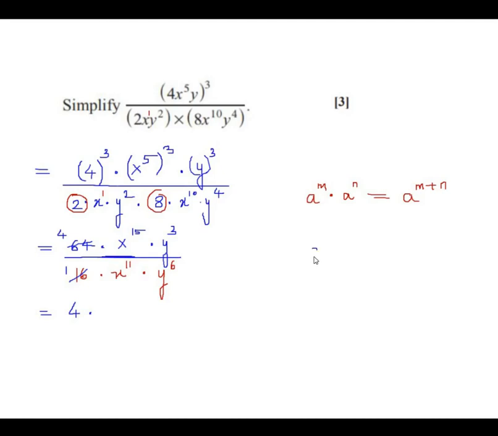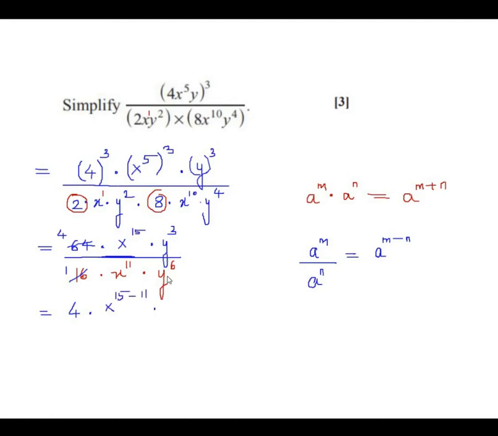That is, if a to the power of m is divided by a to the power of n, we are going to subtract the powers, m minus n. So here we can write x to the power of 15 minus 11.